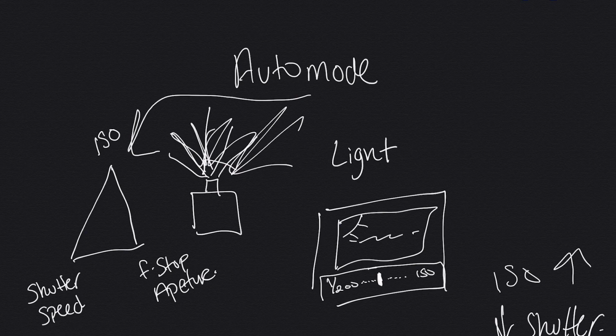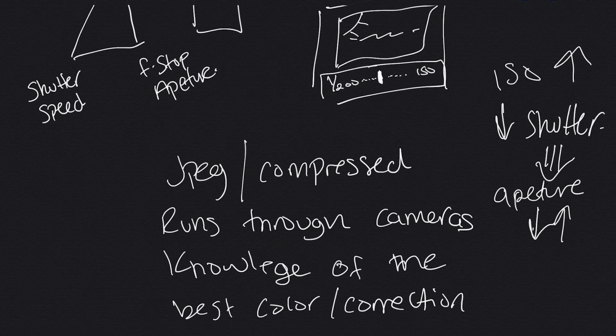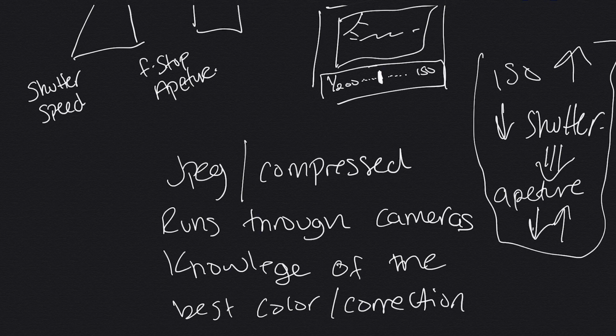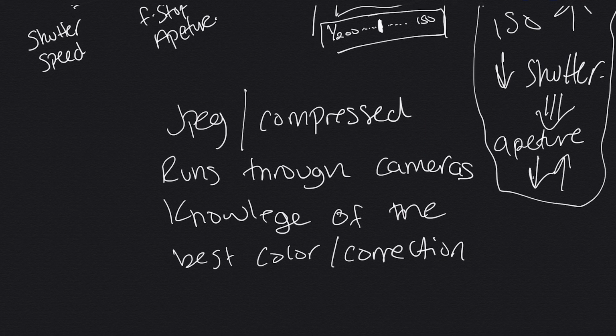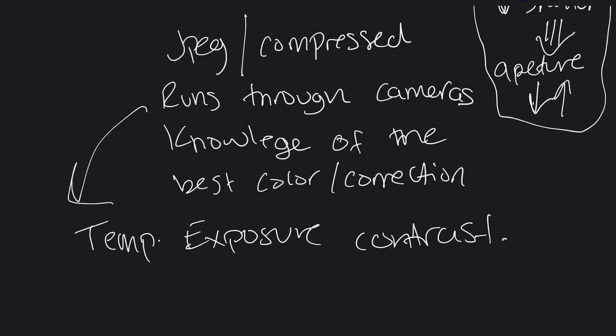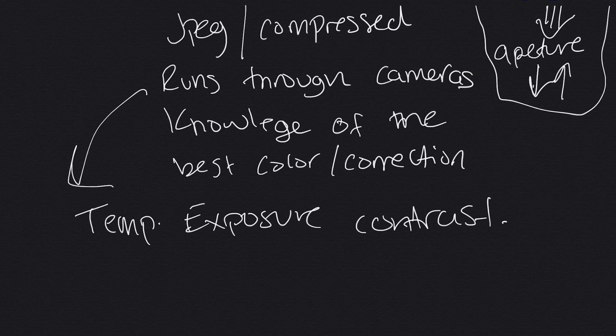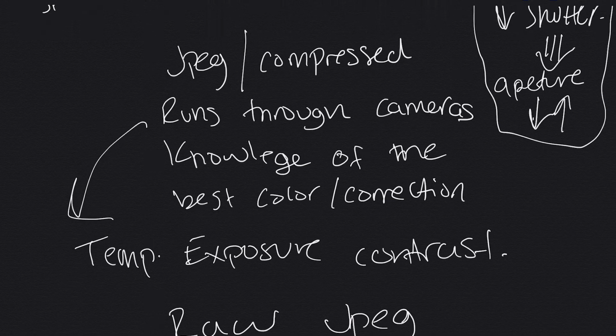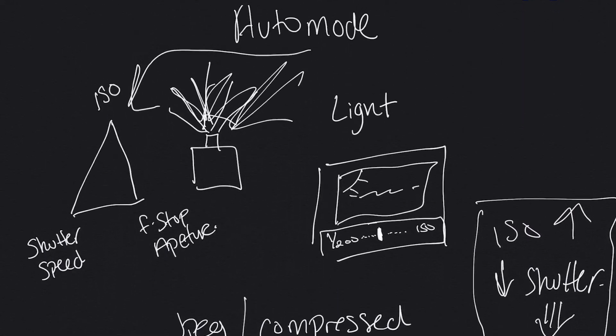The camera reads it. It's already metered and it's taken the photo, so it's already adjusted all your ISO, aperture, shutter speed. And then it comes through the system of the camera, because your camera is kind of like a computer, and then it adjusts the temperature, exposure, contrast. And we're going to get into all this real soon, but it does that automatically for you. And then it actually makes the file smaller. This is important to know, because we're going to talk about the difference between RAW and JPEG soon enough. But I just wanted to touch on that this is something that also happens in auto mode.